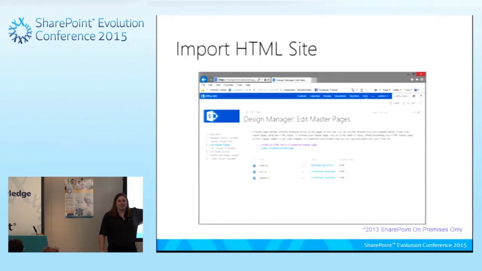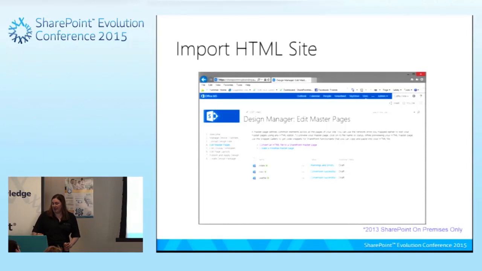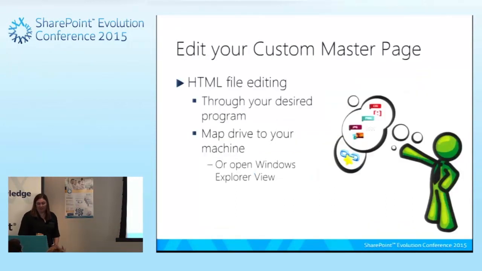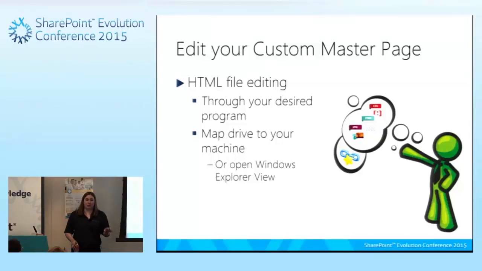You can also create just a minimal, basic HTML master page through Design Manager. So it actually goes through and does that. What it does is it creates two files. When I import in or I create a minimal one, it creates two master page files with the same file name. The difference is one is .html and one is .master.